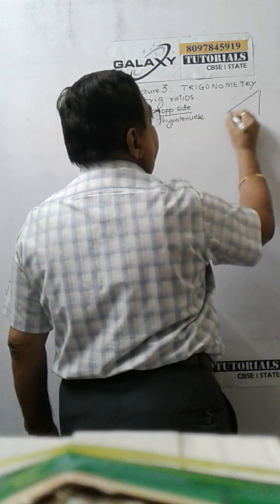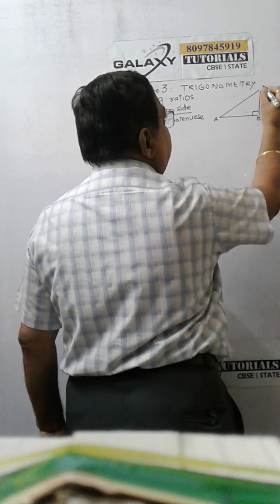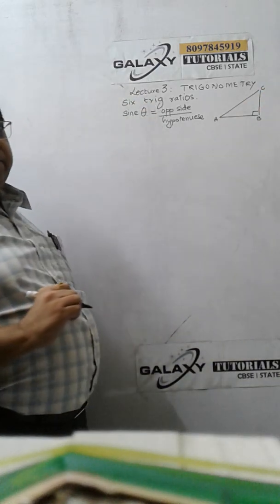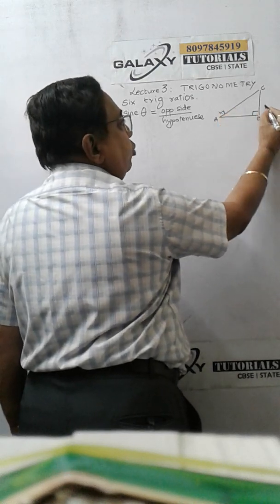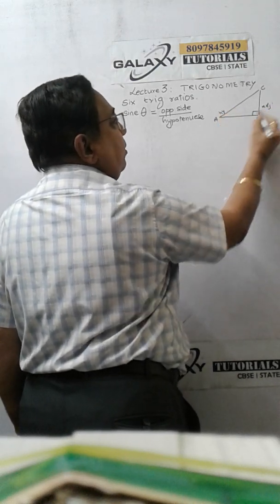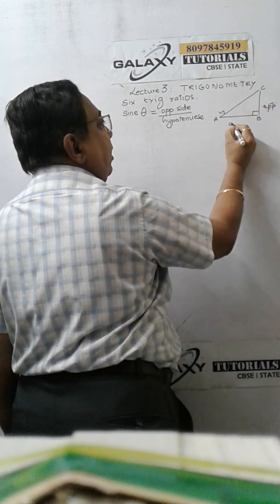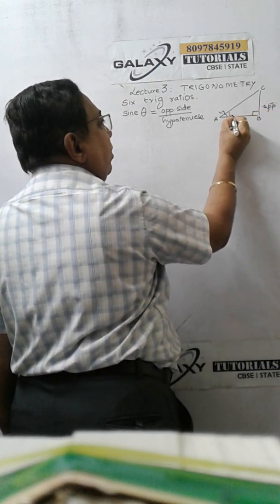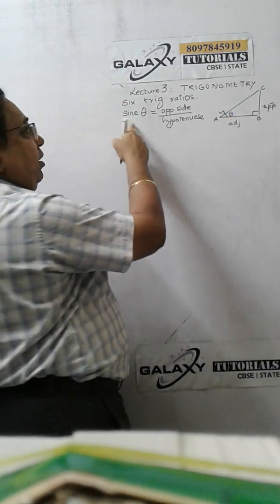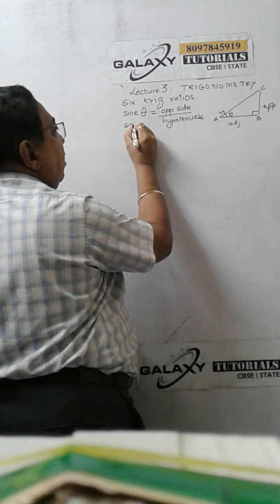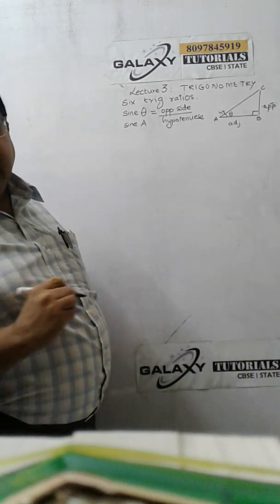Again, to get it back into the picture, last lecture I had triangle ABC, right angle was at B, and this was the hypotenuse, this was the adjacent side, this the opposite side. This is our angle of interest theta. So sine theta or sine A means the same thing. Theta is the measure of angle A.